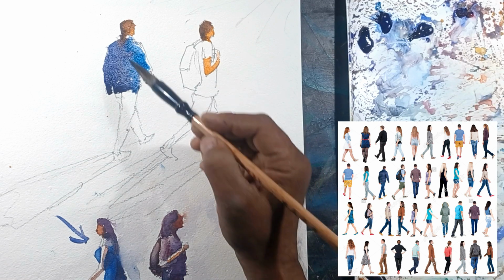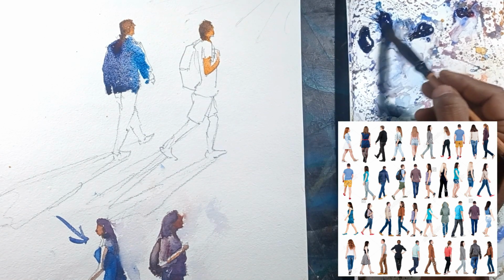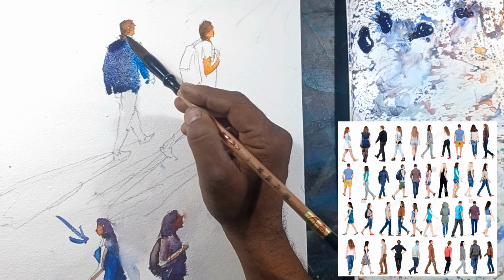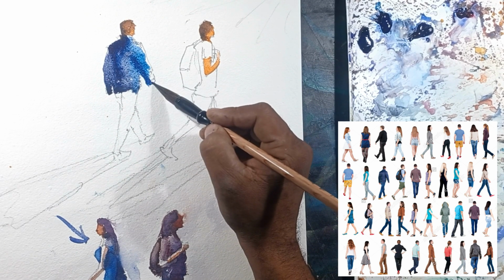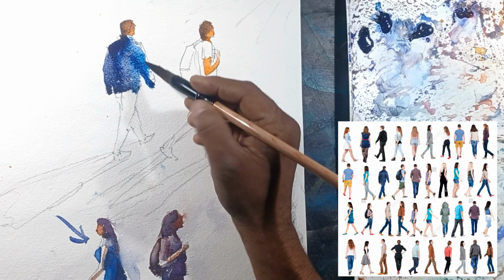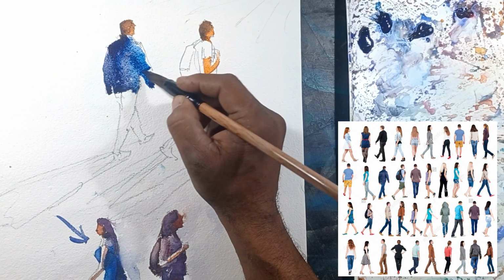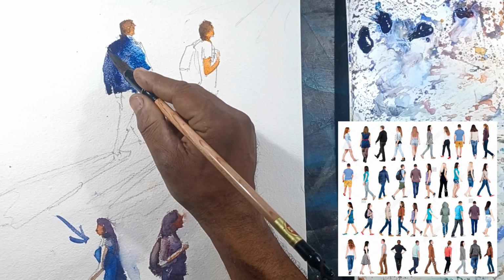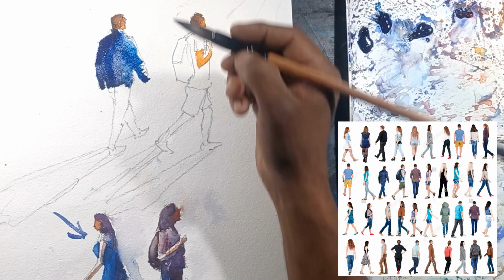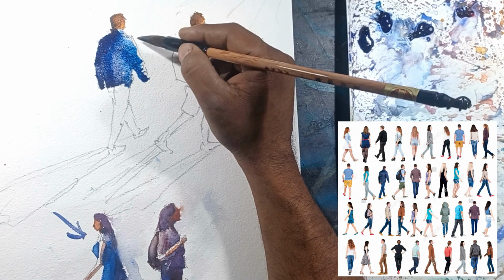So now I'm adding blue and crimson for a darker color, and just putting this over here. See, the moment I darken this, automatically it appears like the sunlight is falling from this side.